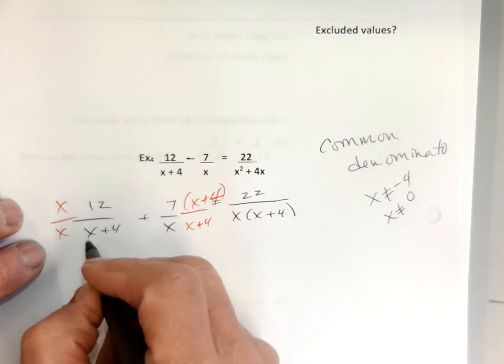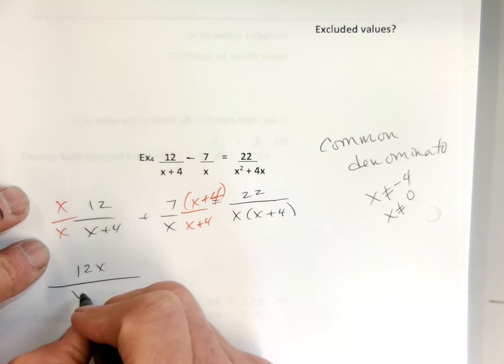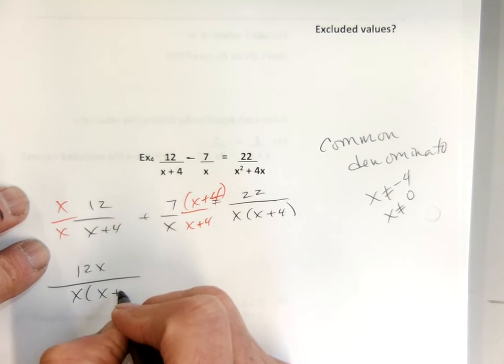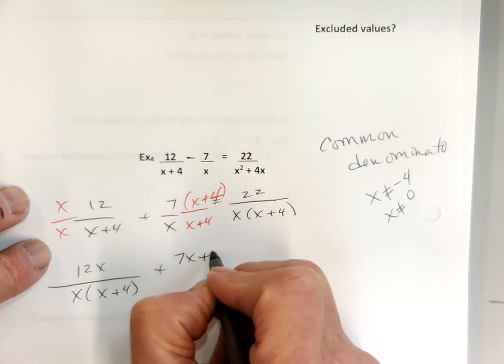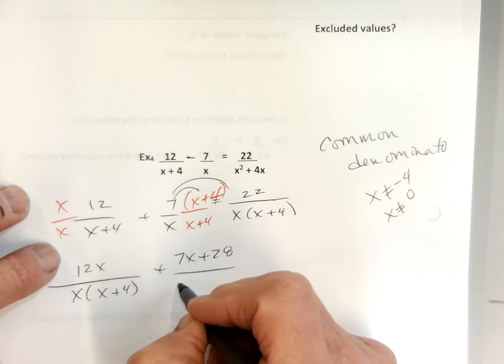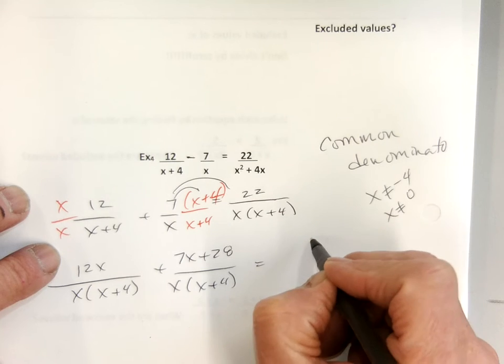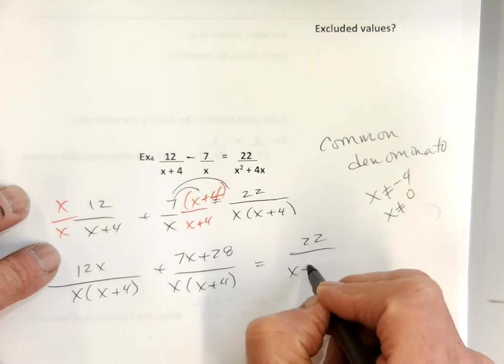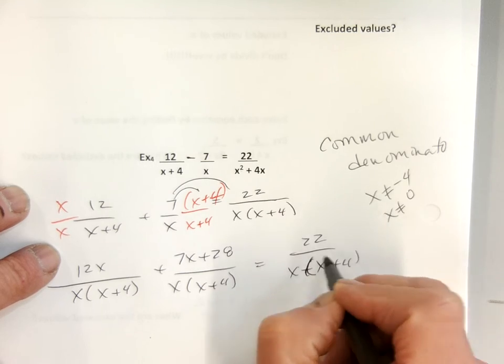So I'm going to have a 12x, (7x plus 28) over my common denominator, x times x plus 4. Okay, now it looks horrible, doesn't it?